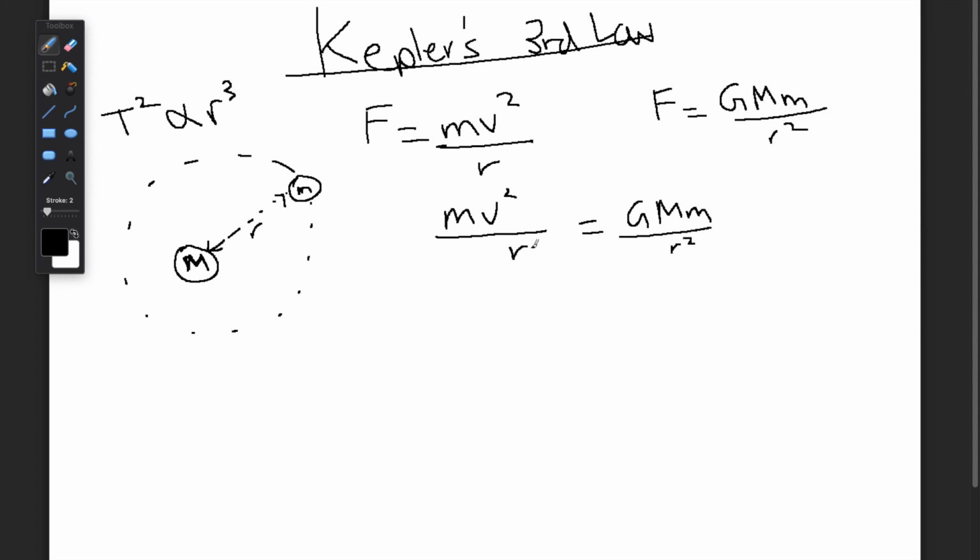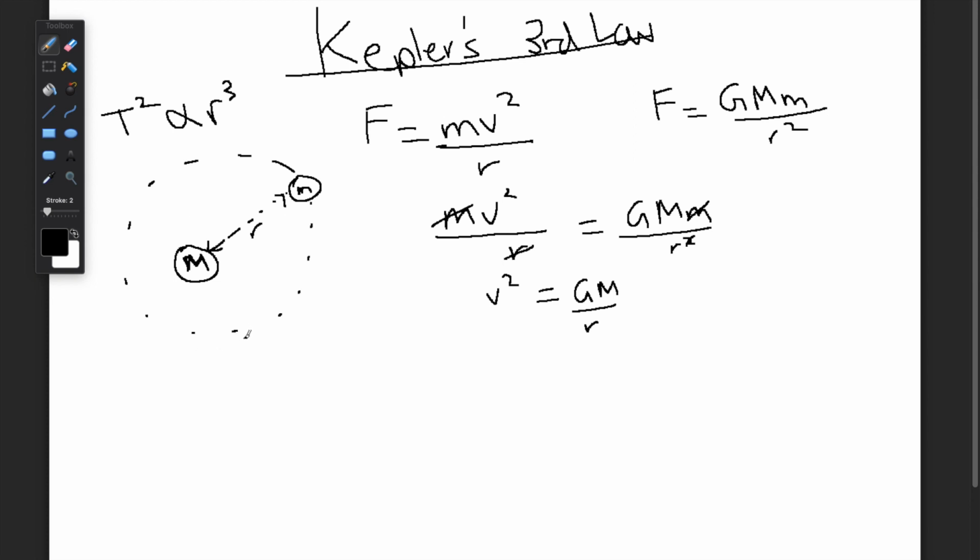So we can cancel out some things over here. First of all, the masses, and one of the radii as well. So we have v squared is equal to GM over r. Now velocity is distance over time.